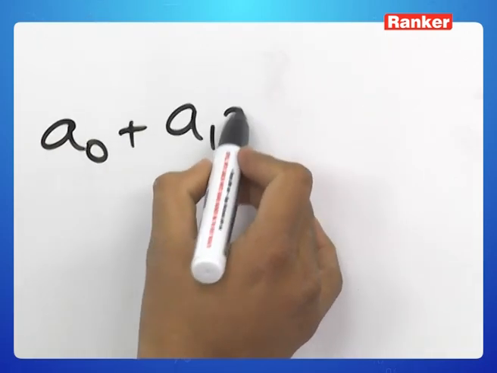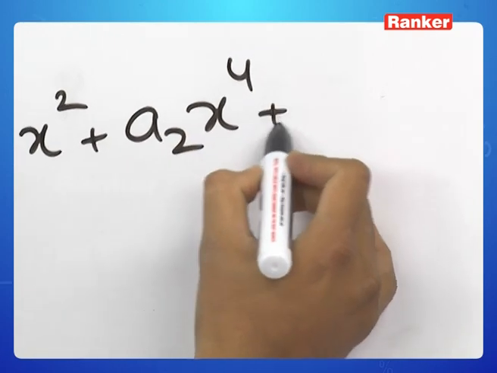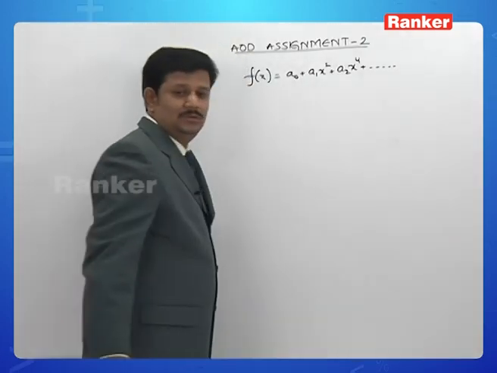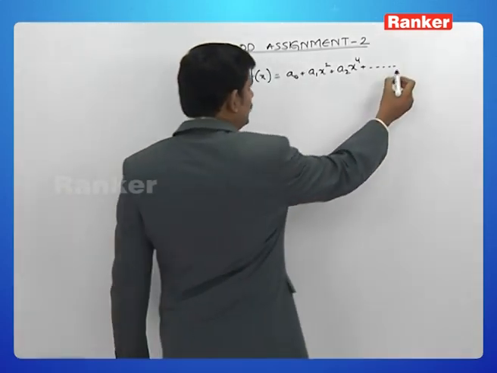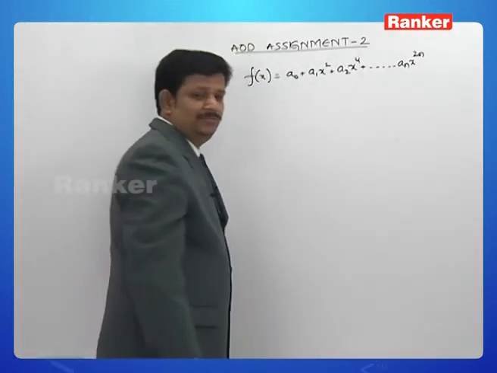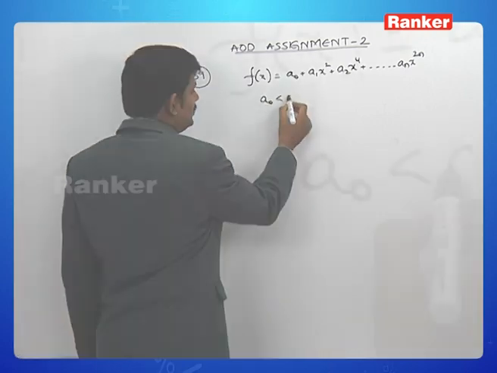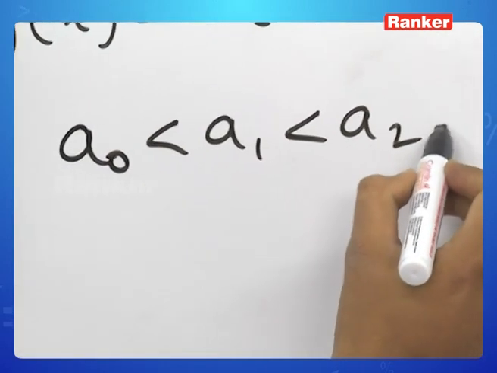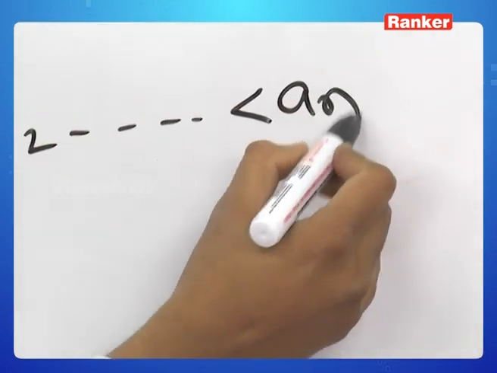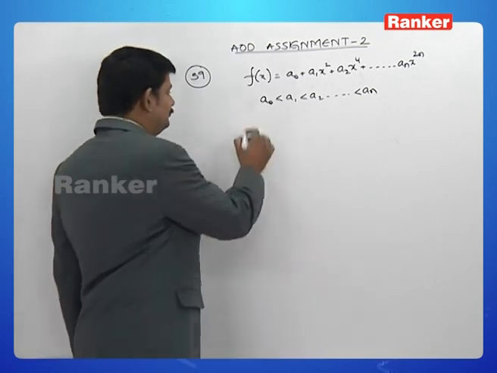For the function f of x is equal to a naught plus a1 x square plus a2 x power 4 plus so on up to an x power 2n, where a0 is given to be less than a1 is given to be less than a2 is given to be less than an, and are all positive.